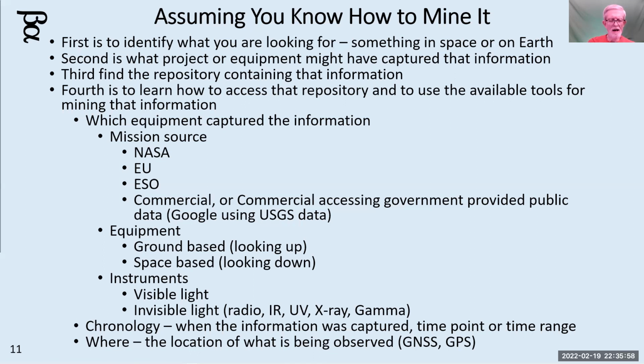Oh, and if I didn't point this out earlier, the location of what is being observed. If you're on Earth and you want to observe something by its location, you've obviously got what nation it's in, what state, county, city, down to subdivisions and neighborhoods. But you also have the Global Navigation Satellite System, GNSS.